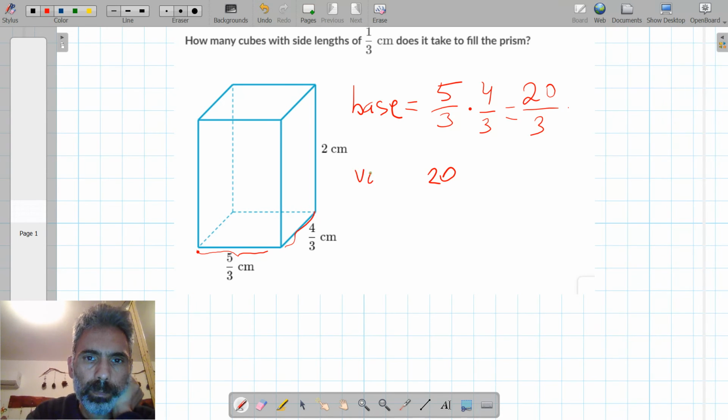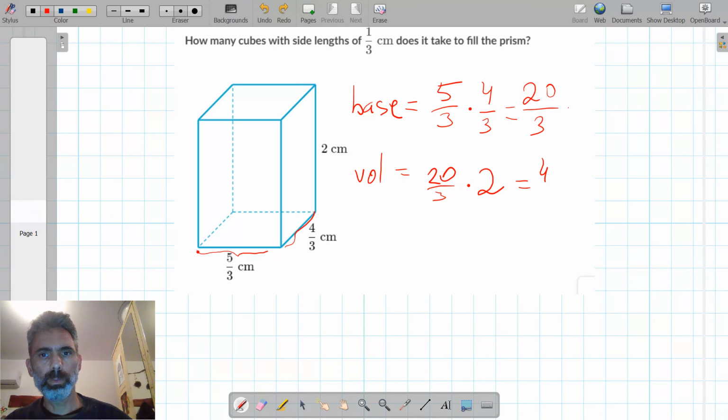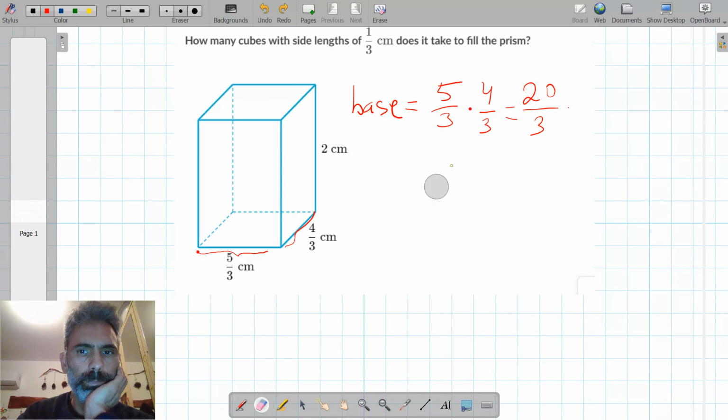Now the volume of the prism is the base, which is 20 over 9, times the height, 2.